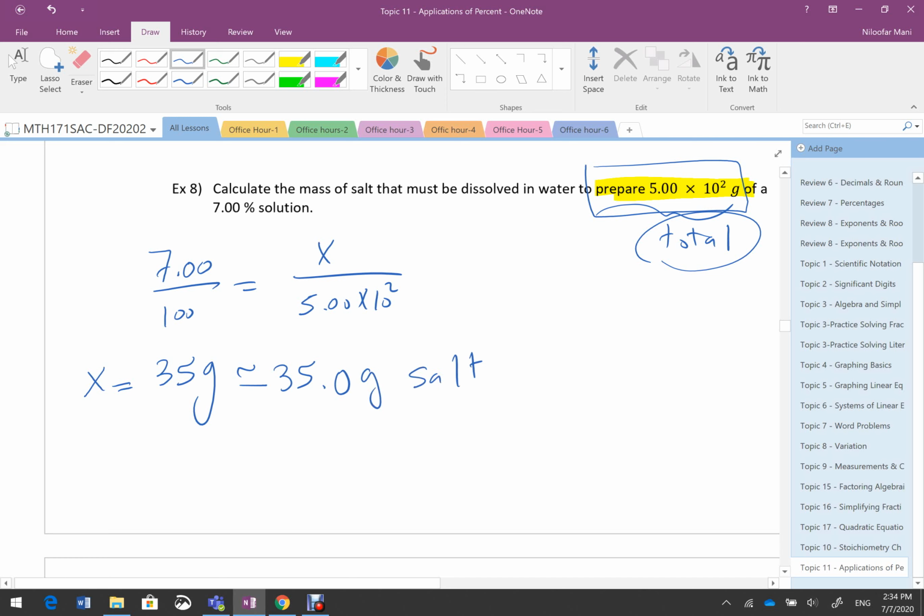Don't forget you need a conclusion sentence. These are word problems, so you need to add a conclusion sentence.